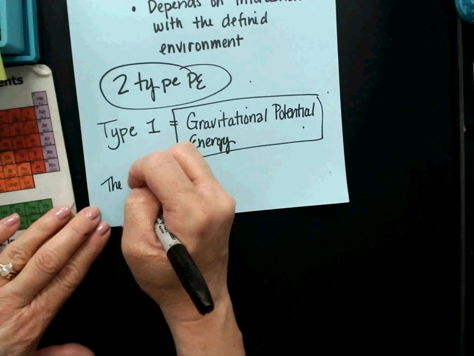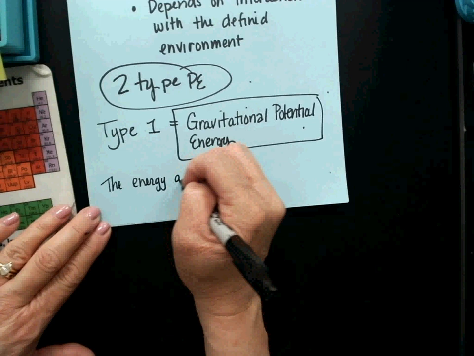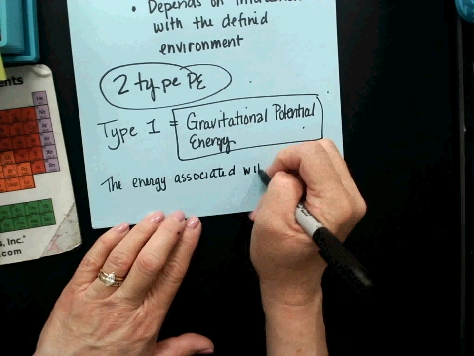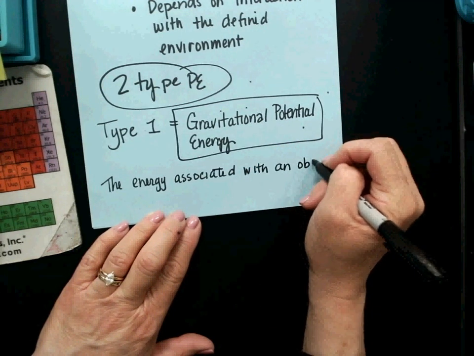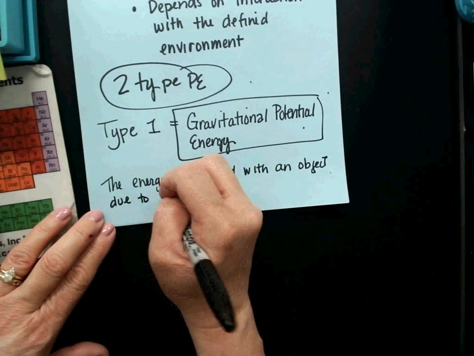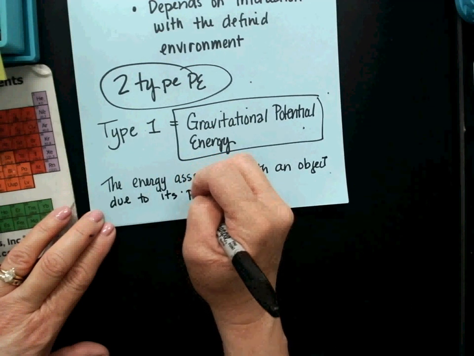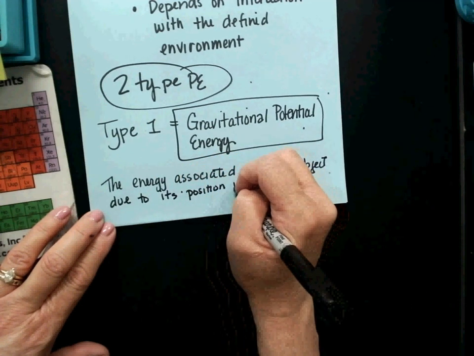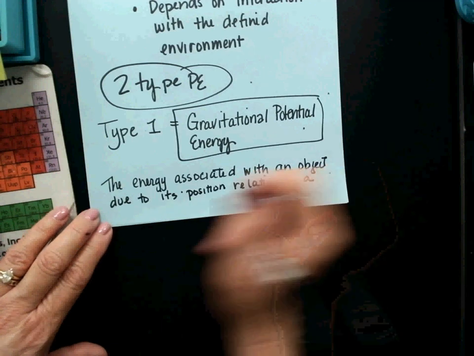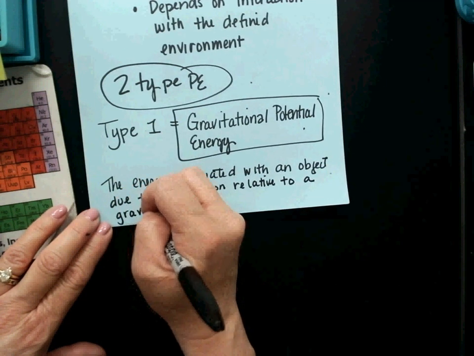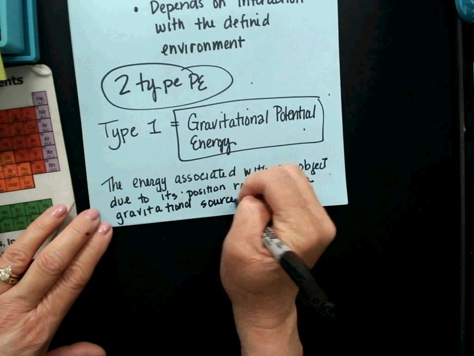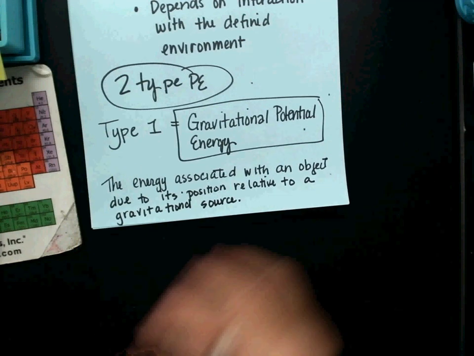And if you have to define this, or if you're asked about it, it is the energy associated with an object due to its position relative to a gravitational source.